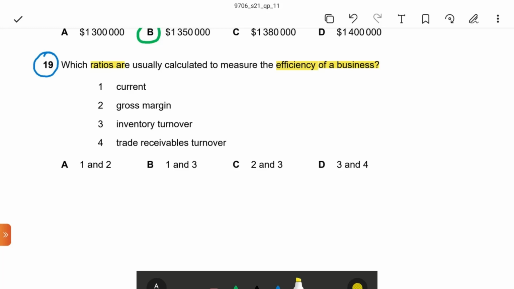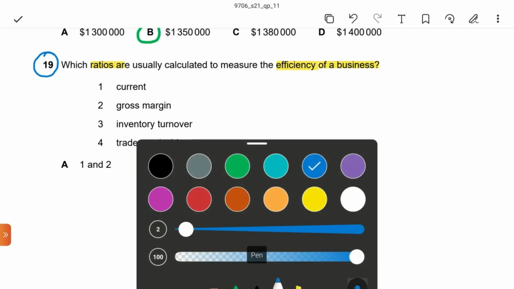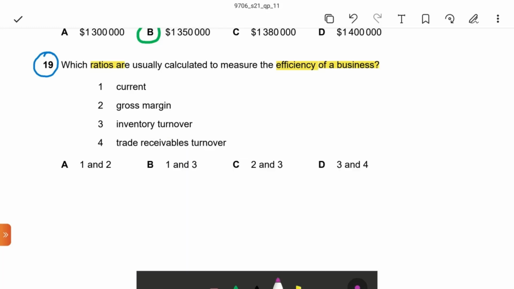The first one, current ratio. Current ratio is not showing the efficiency of the business. It shows the current assets and current liabilities of the business. Gross margin shows how much profit the business earned from the sales. That also does not show the efficiency.